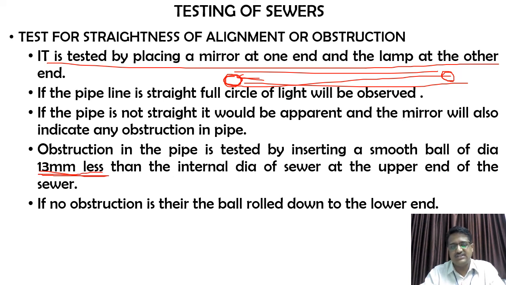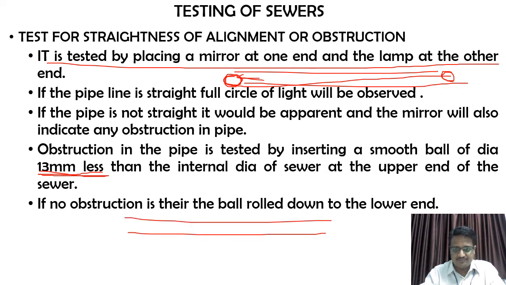Usually this is used for smaller size pipes. Imagine this is your sewer line, and these are the rollers which are 13 mm less in diameter than the size of the pipe. These will be rolled in from the top end and allowed to move, and they will be collected at the bottom.